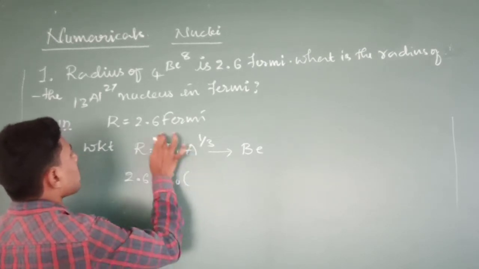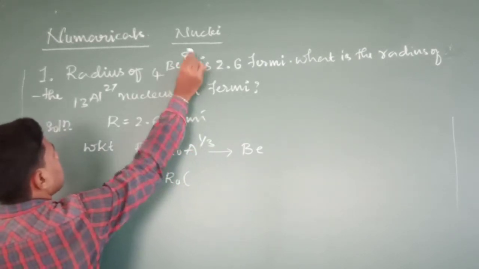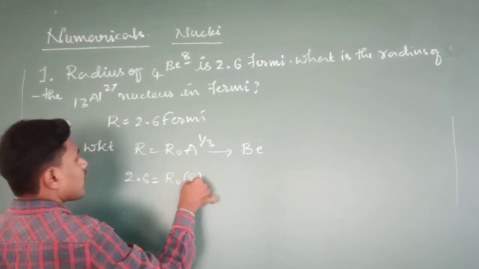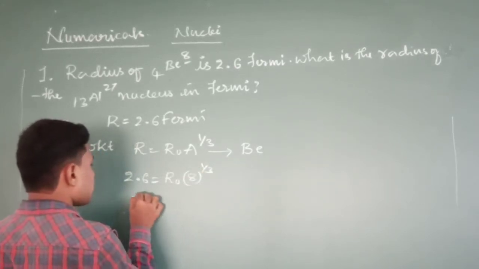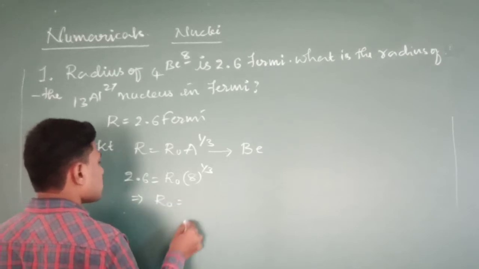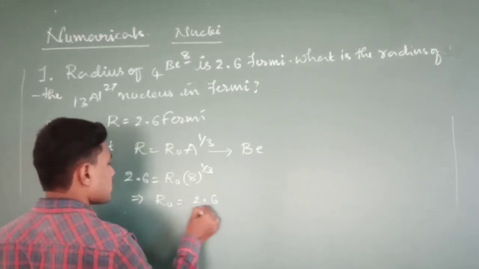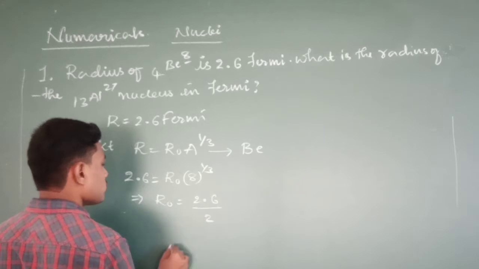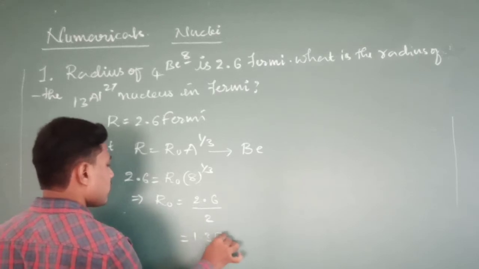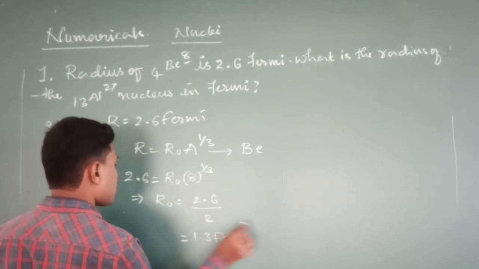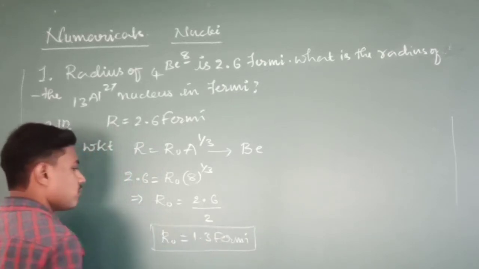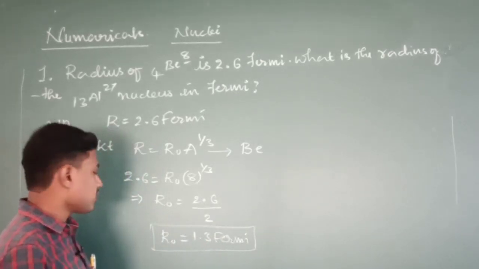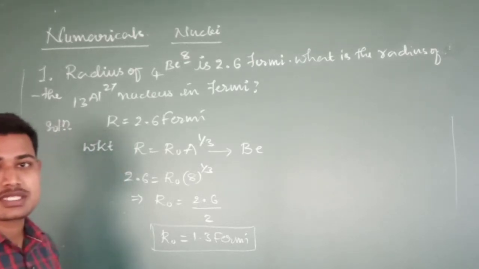The mass number of beryllium is 8, so A to the power of 1 by 3 is the cube root of 8. So this implies R naught is equal to 2.6 by the cube root of 8, which is 2, therefore 1.3 Fermi. So R naught is equal to 1.3 Fermi.